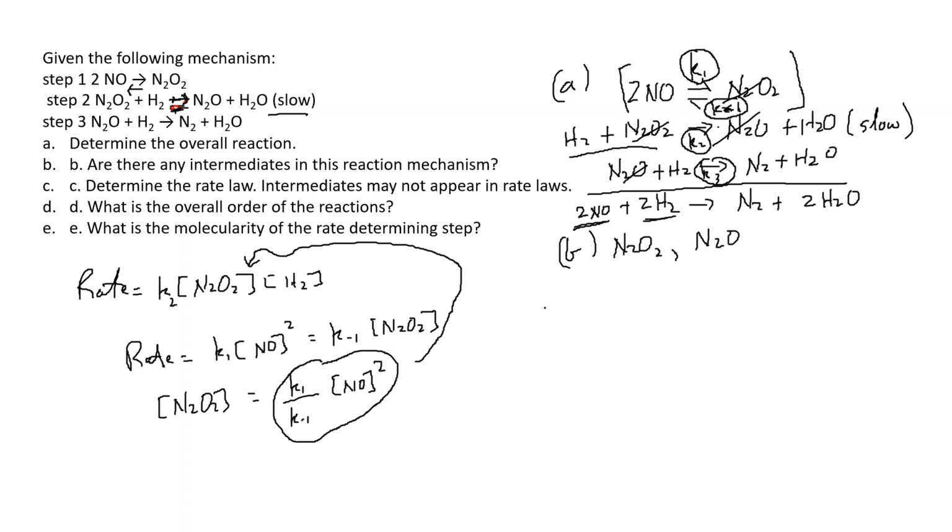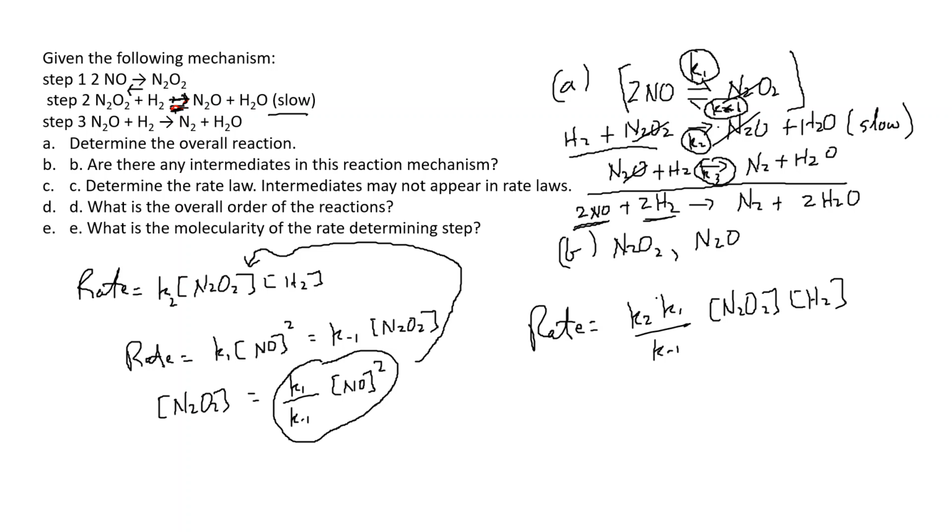So when we do that, we're going to end up with rate is equal to K2 times K1 over K minus 1 times the concentration of N2O2 times the concentration of H2.